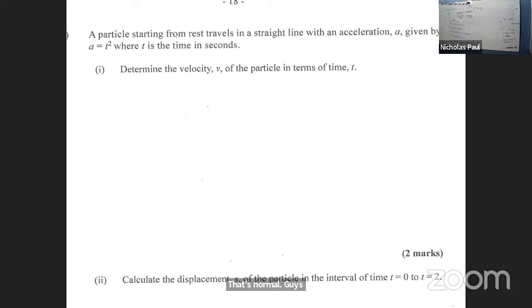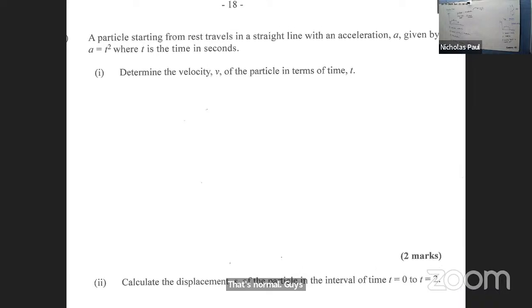Guys, do this please. Hurry up. Here's what we did last week. How did we go from acceleration to velocity? Integrate. Go ahead, have fun, just fast. Well done.